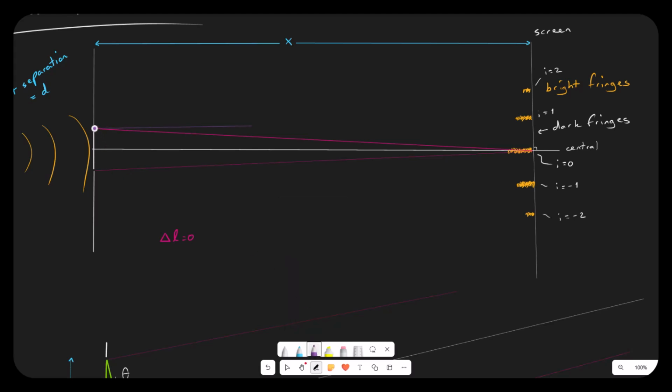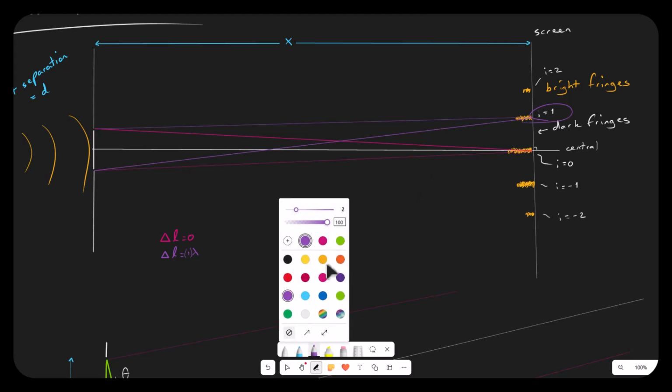If I go out to this first maximum, I have a path length difference of lambda, or 1 lambda, if you like. And that's what makes that my I equals 1 maximum.